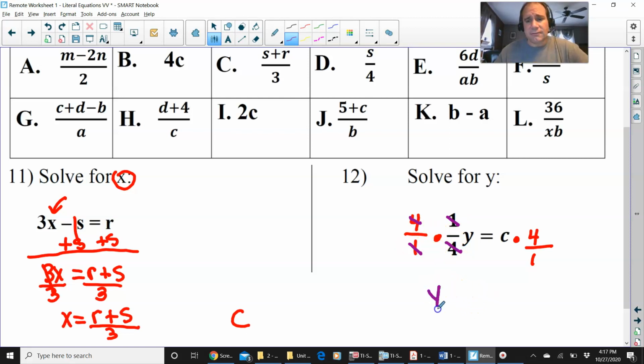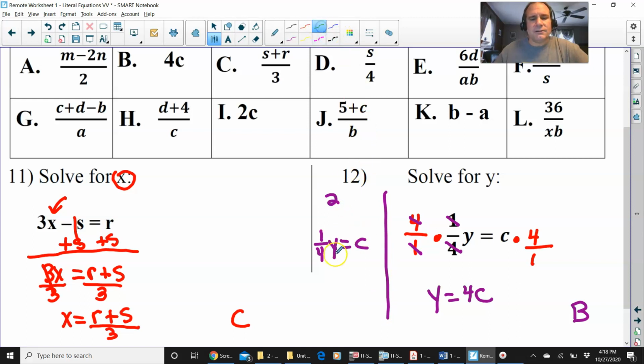And you get, solve for y. y equals c times 4 is 4c. All right, and that's b. The other way of doing this, and I'm going to put it right over here, this is 1 over 4 y equals c. I'll put this, the second method. When you divide, a lot of people like to just divide by the number that is next to the variable, which is the coefficient.